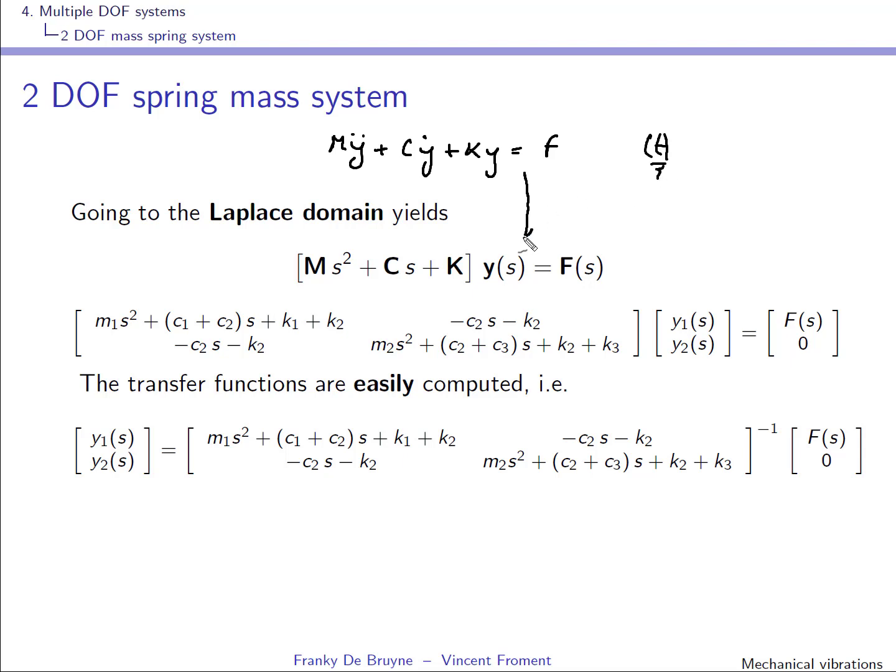If you go to the Laplace domain, this is the type of equation that you obtain, and you can group the matrices together, so you can add M times s squared plus C times s plus K, right? And you can write it down like this in more detail, and this will allow you to compute each of the transfer functions or the transfer matrix by simply inverting this matrix.